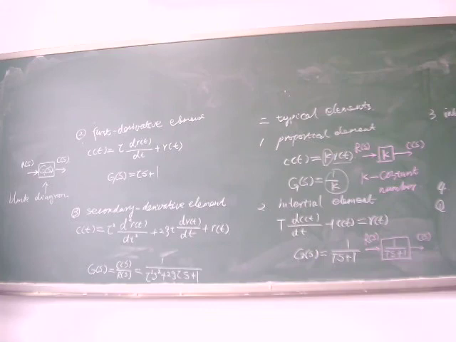So the block diagram is this. For the ideal differential element, the transfer function is s. It's very simple. This is the input R(s), and this is the output C(s).